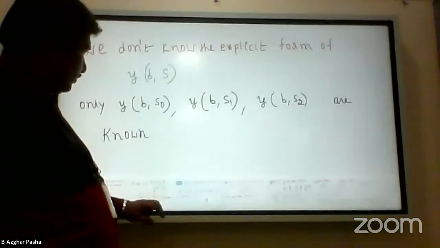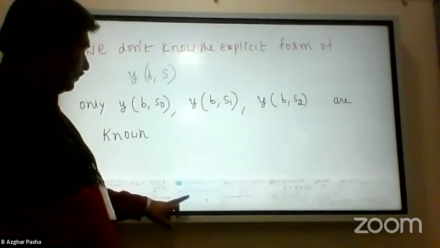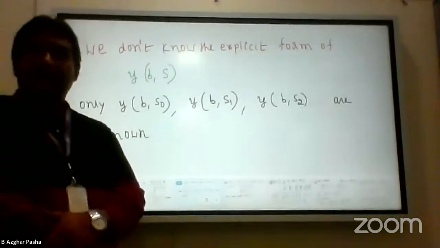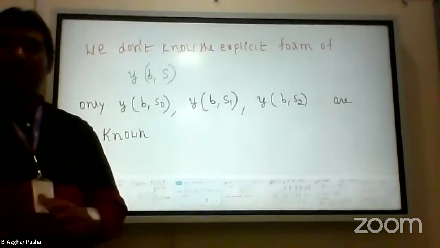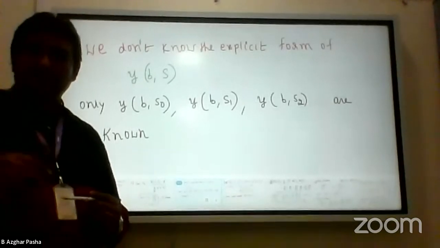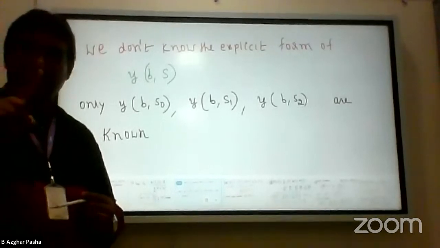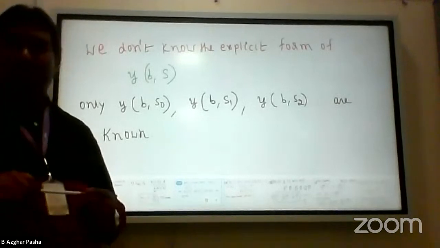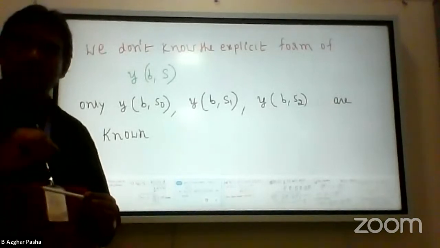So what we do is, as we don't know y of b, I'll try to express the equation in terms of two variables. It was dependent on x earlier, but now s plays an important role. It depends on s also now.